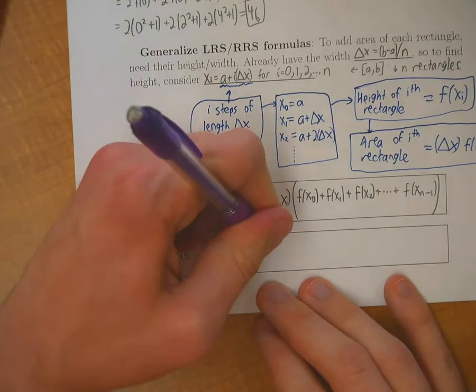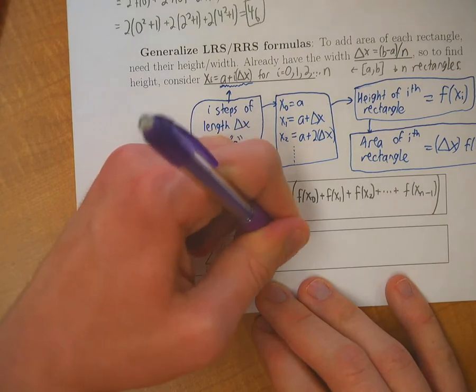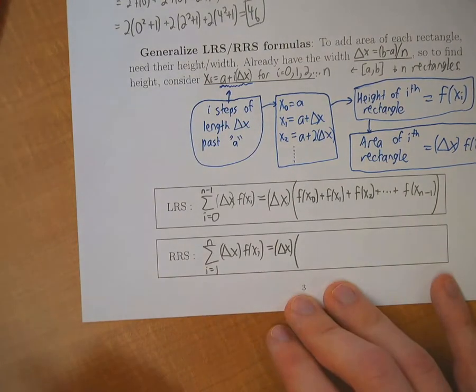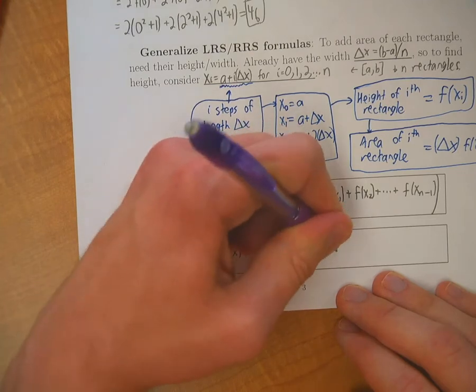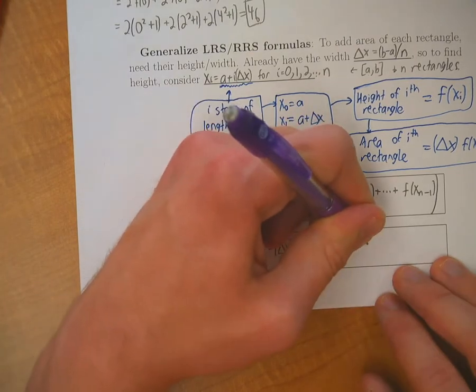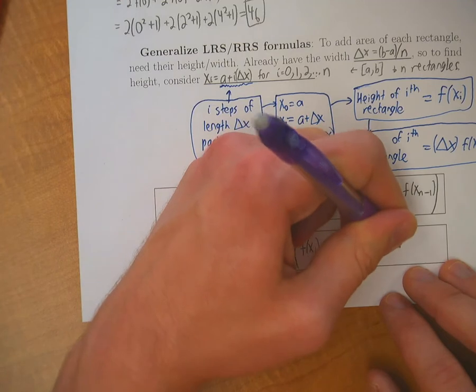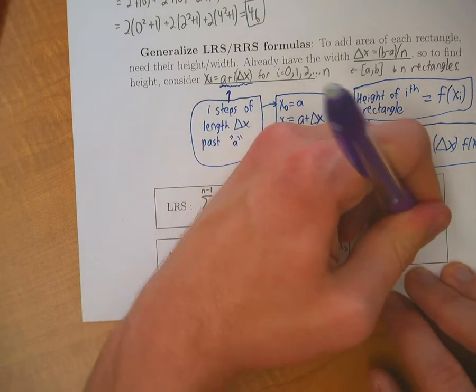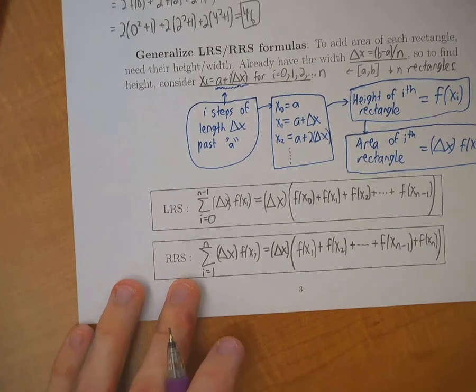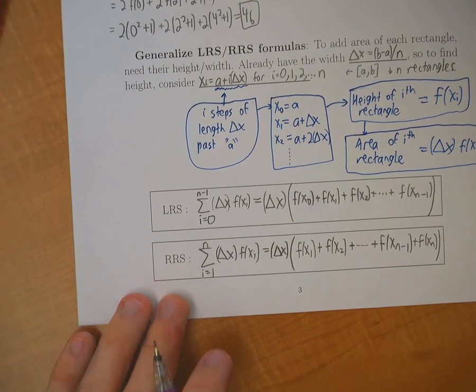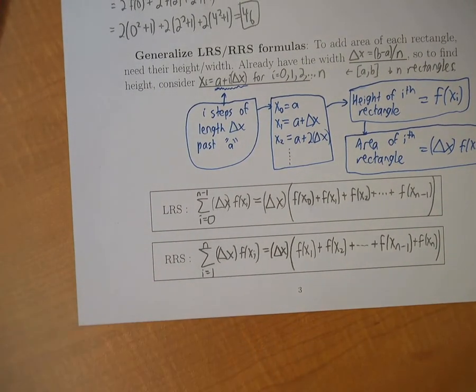So, in this case, we have delta x times f of x sub 1 plus f of x sub 2 plus dot dot dot plus f of x sub n minus 1 plus f of x sub n. Okay? So that's basically what the left Riemann and right Riemann sums give you in this case. So, any questions on that part?